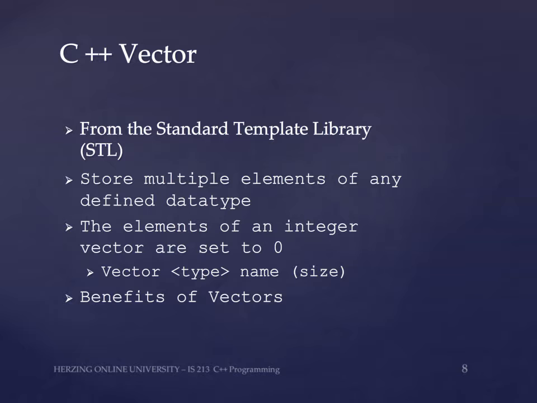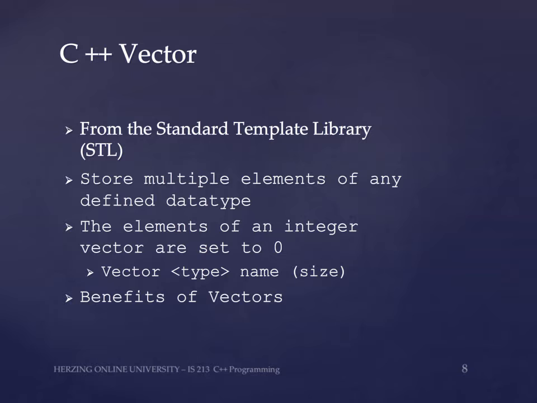Vectors are capable of storing multiple elements of any defined data type, and they do that in a contiguous block of memory. By default, the elements of an integer vector object are set to 0. A vector can be defined to store any data type using a declaration of the form vector, then the type, then the name, then the size.